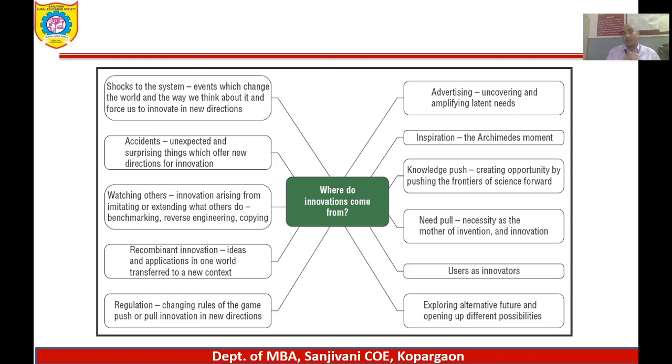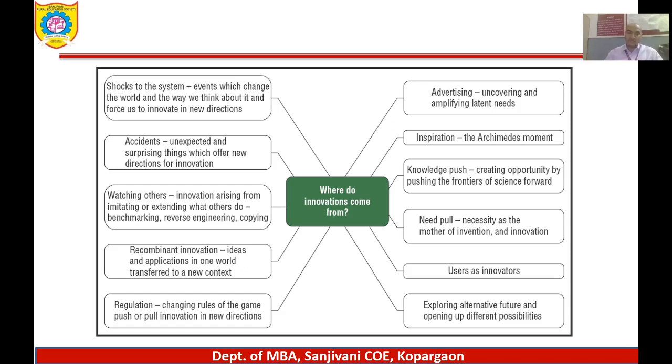Then you can also have innovations by watching others, what your competitors are doing, and how you need to change your strategies. That will also help us in finding that there is a need to have innovation.